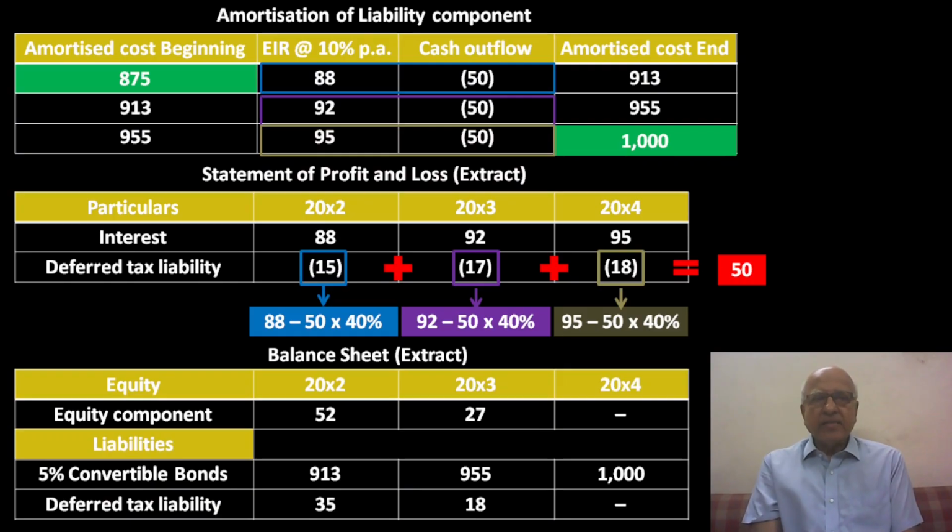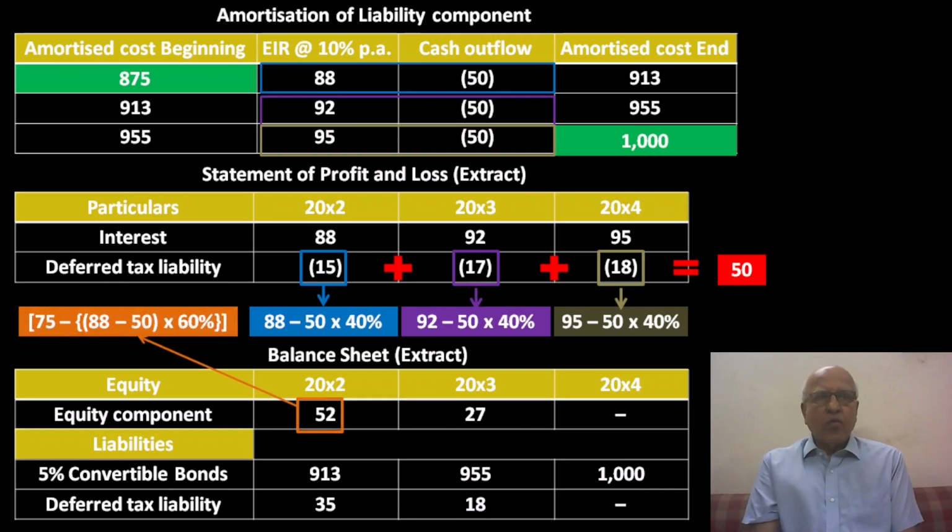Next, balance sheet. Equity component is how much? It was initially 75. Now, 88 minus 50, 40% is my deferred tax liability. So net of tax will be how much? 23. 75 minus 23 is 52.